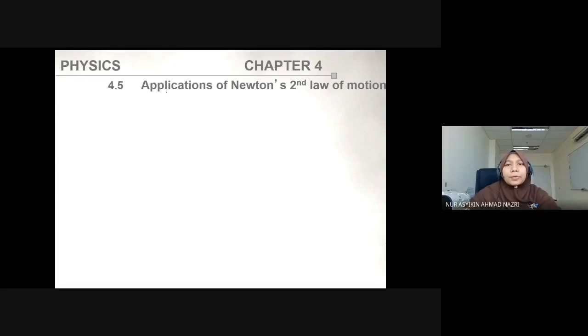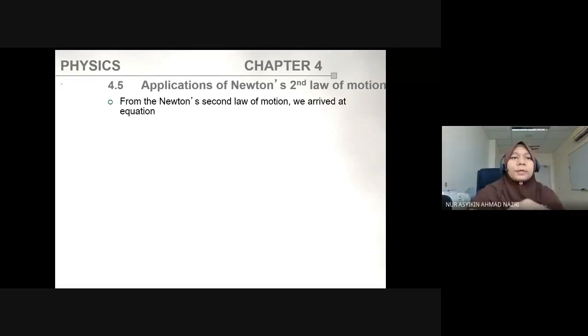Three laws of motion. First, Newton's first law, which in conclusion we may state as: total net force equals 0 for the first law.